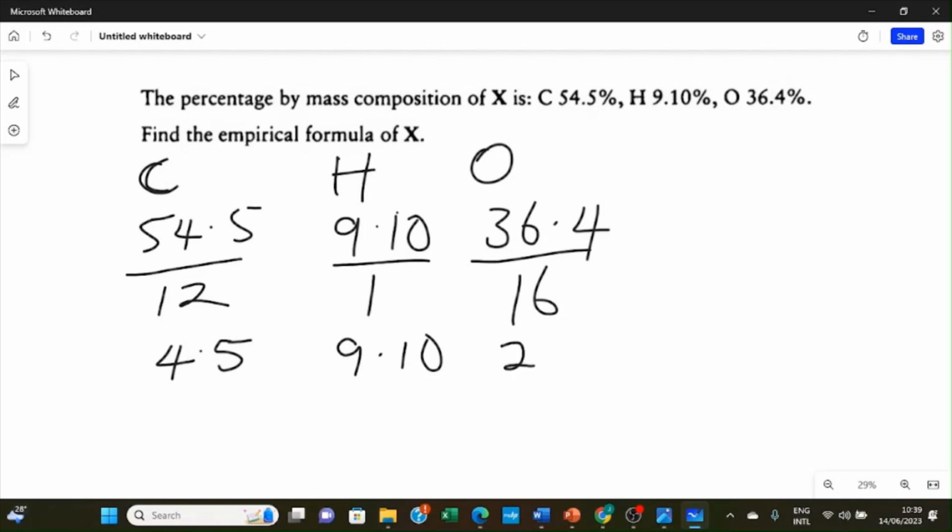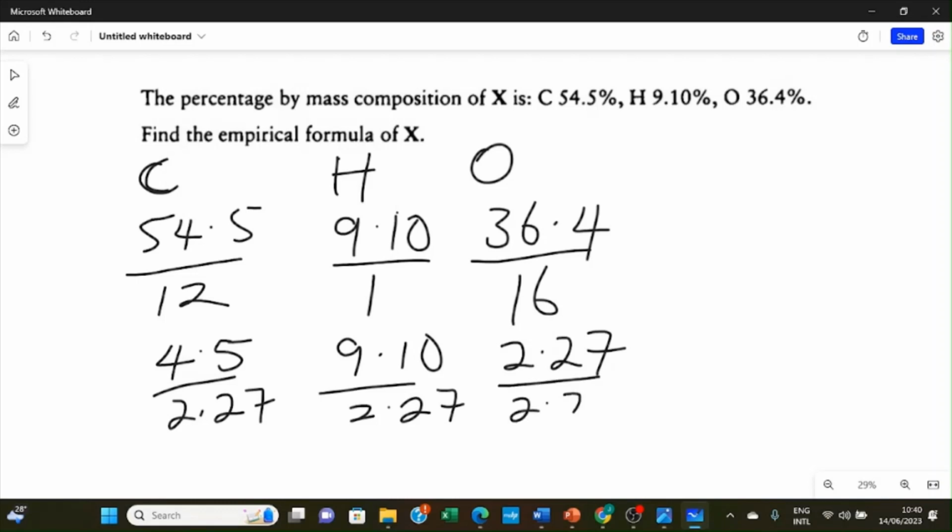So we have 2.27. So divide both sides by 2.27, which is the smallest, to express it in the simplest ratio. So 4.5 divided by 2.27 is approximately 2. 9.10 divided by 2.27 is approximately 4.